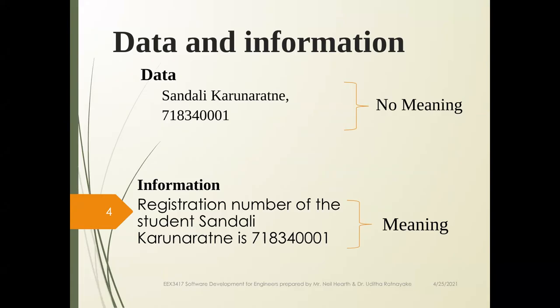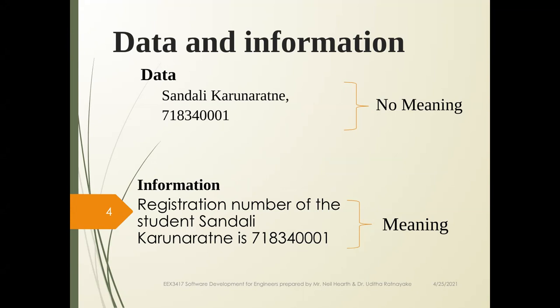Here we can see data and information. There may be several data. One example here, Sandali Karunaratne and the number. The difference between data and information is data has no meaning.